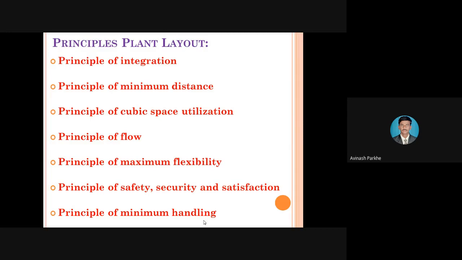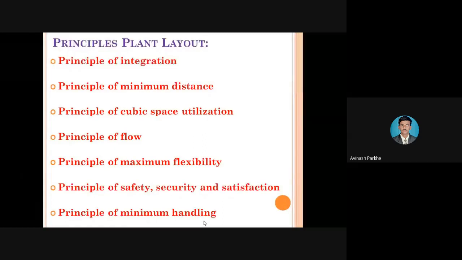For that purpose, we have material handling equipment, maybe some trolleys, tractors, trucks, and cranes. Such material handling devices we have to use to handle such medium duty and heavy duty components. Whatever material will be handled by the operator or worker should be minimum.